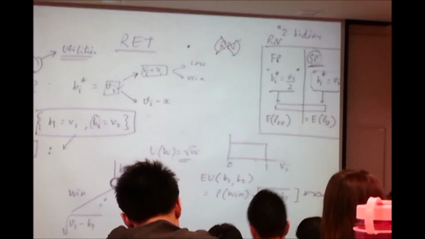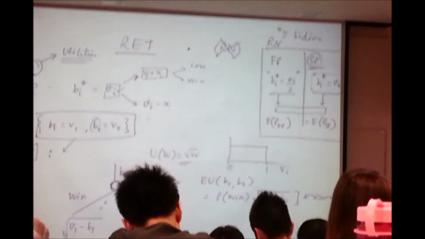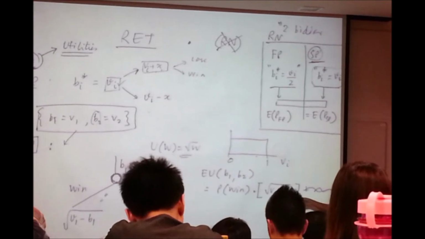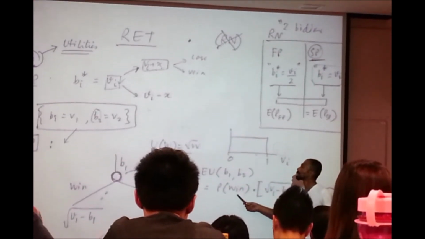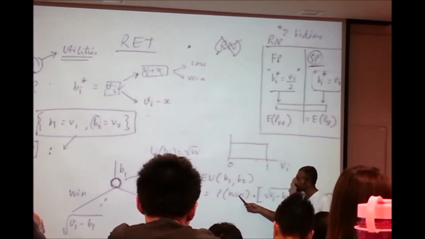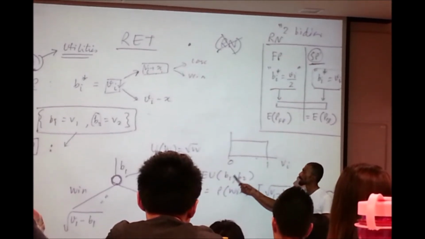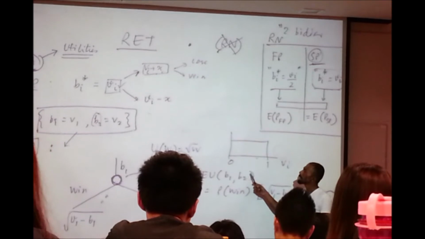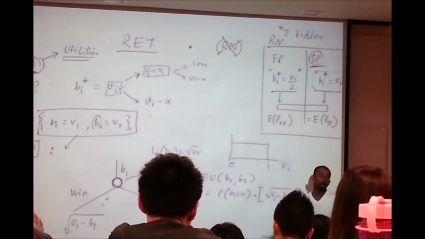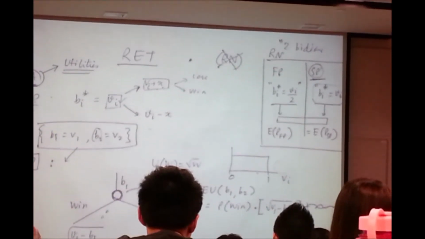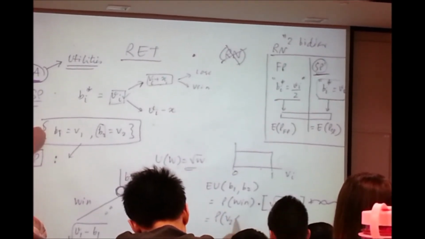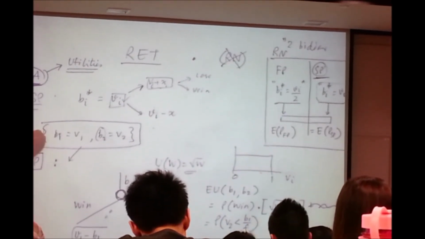Clearly, whether I am risk averse, risk neutral or risk loving, that is not going to change the probability with which I win. Probability of win is equal to probability B1 greater than B2. Then you replace B2 with F(B2), making B2 the subject of the formula, and you get the probability that B2 is less than B1 over F. Same probability, that does not change.